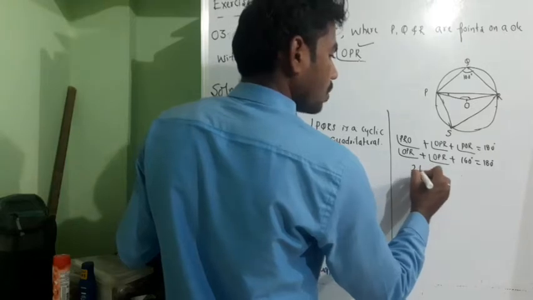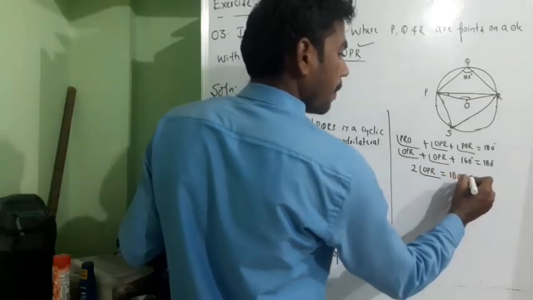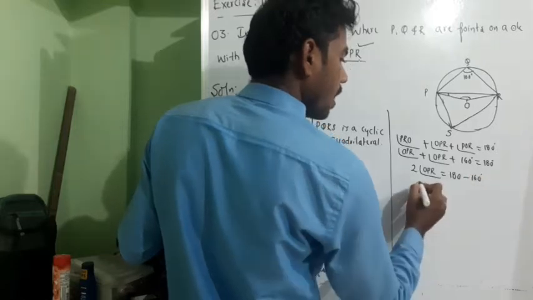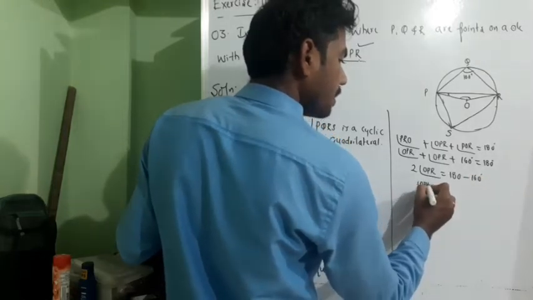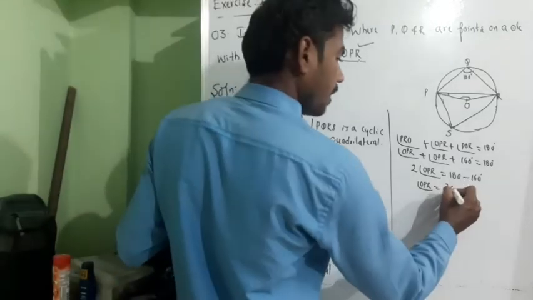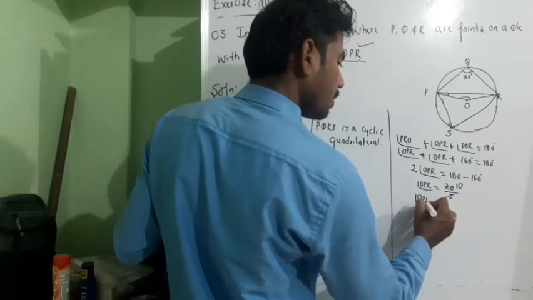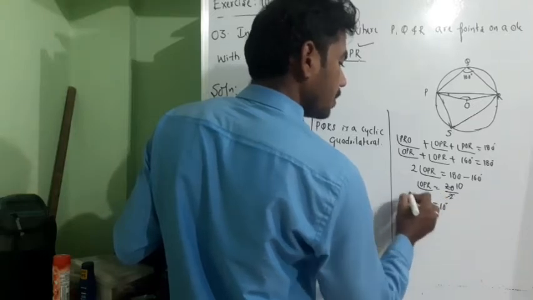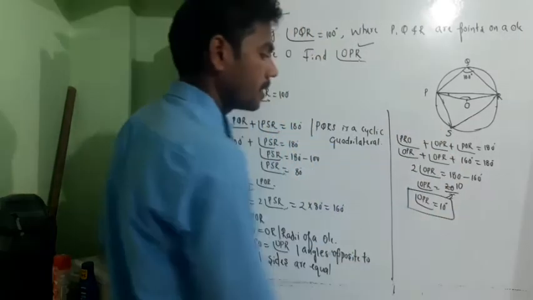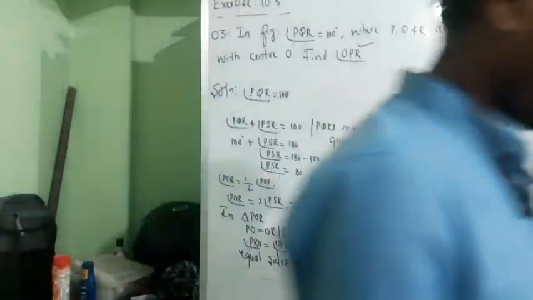So 2 times OPR is equal to 180 minus 160, which is 20. 20 divided by 2 is 10. Therefore angle OPR is equal to 10 degree. This was the angle that we were supposed to calculate. Please note this down.